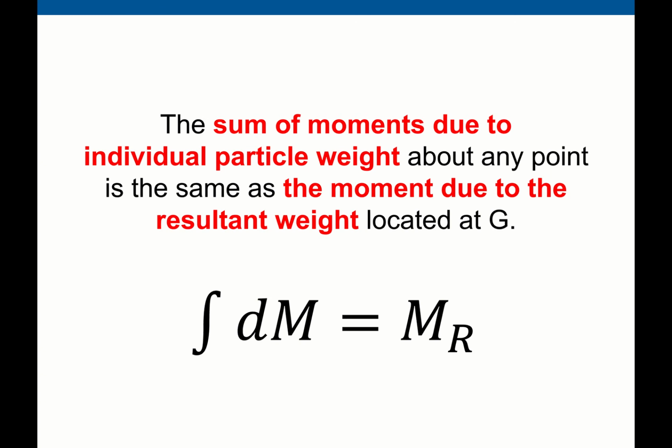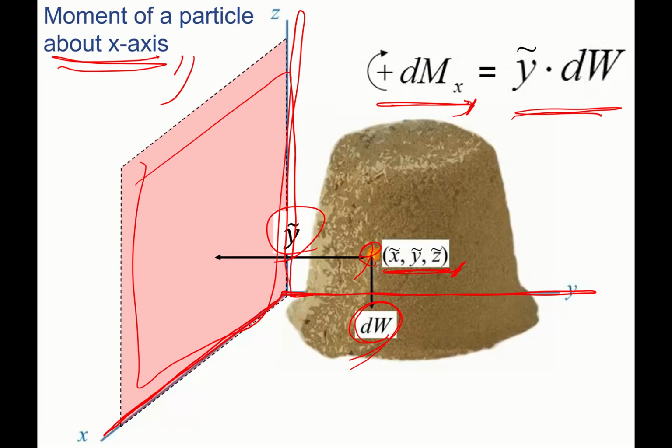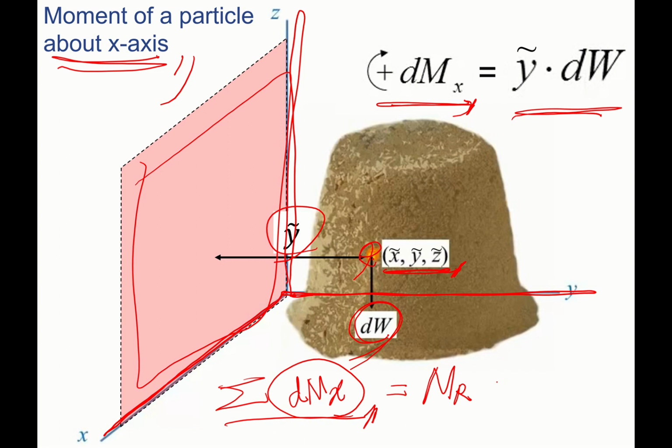So we want to know, if we calculate all the differential moments about the x-axis, that means we add all the differential moments about the x-axis, and this is equal to the resultant moment about the x-axis.